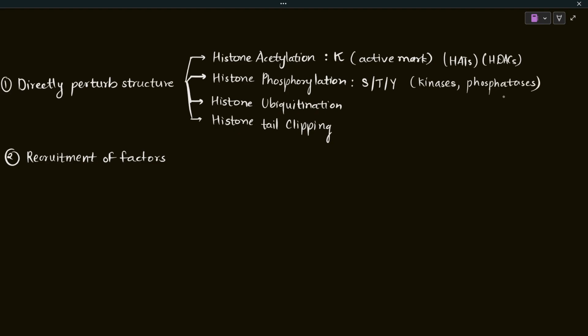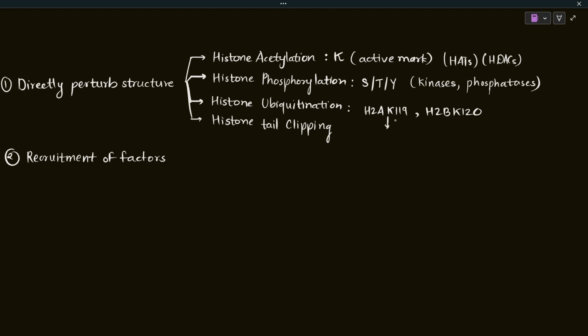Okay, the histone ubiquitination, we add a ubiquitin moiety. Ubiquitin is a 76 amino acid long polypeptide. So this is a large covalent modification, because we are adding a huge moiety on the histone, and this directly changes the structure of chromatin. This ubiquitination is done on two sites, H2A K119 as well as H2B K120.